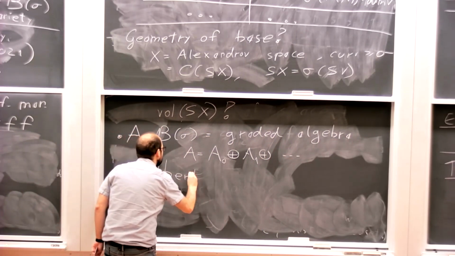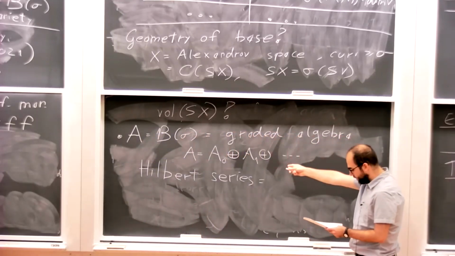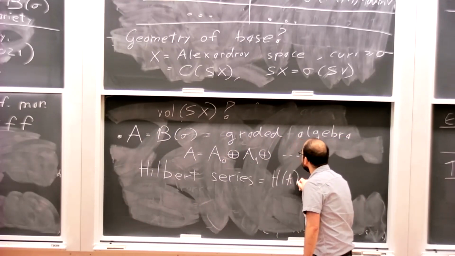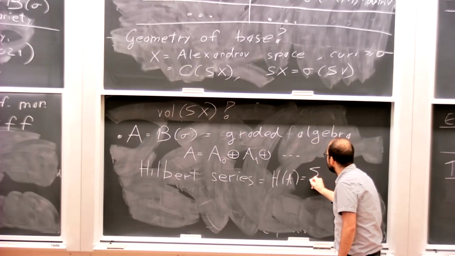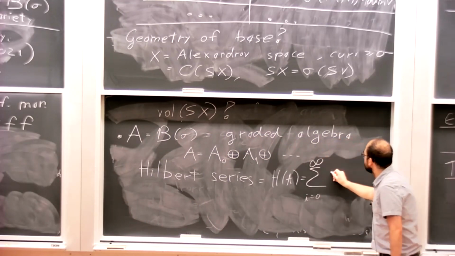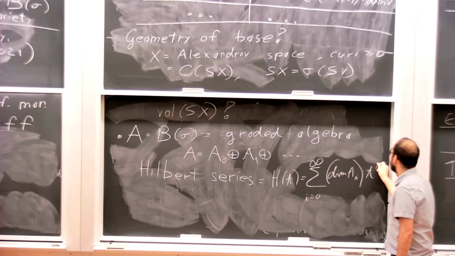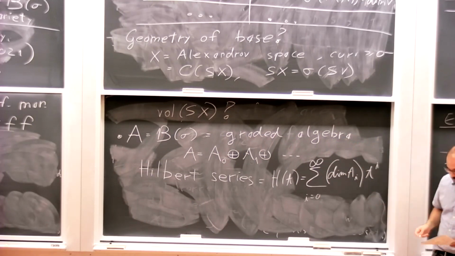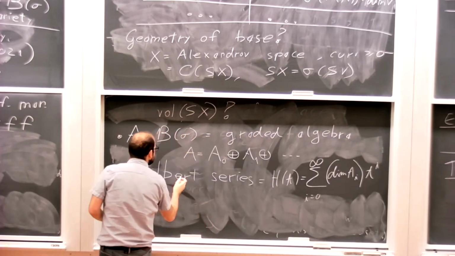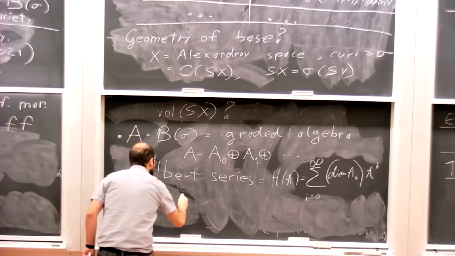Remember, it's a counting function that counts the dimension of each graded part. It's a formal power series, summing the dimension times t to the power i. So it's a formal power series that encodes all those dimensions. And it's a general fact, because it's a finitely generated graded algebra and so on, that it is actually a rational function.